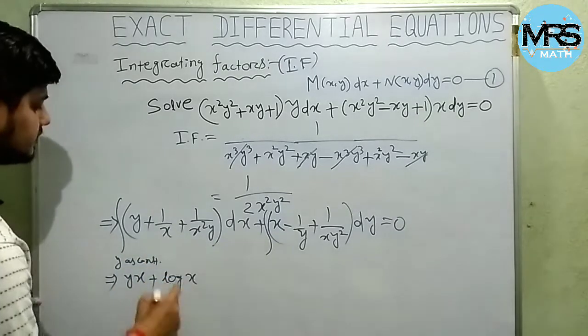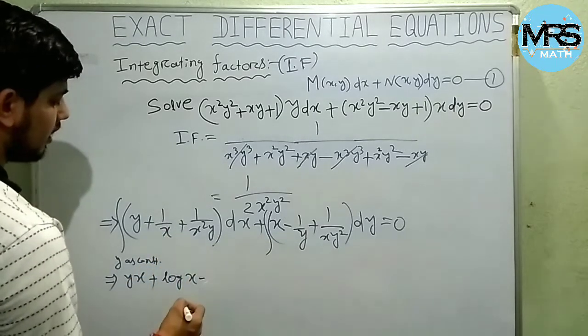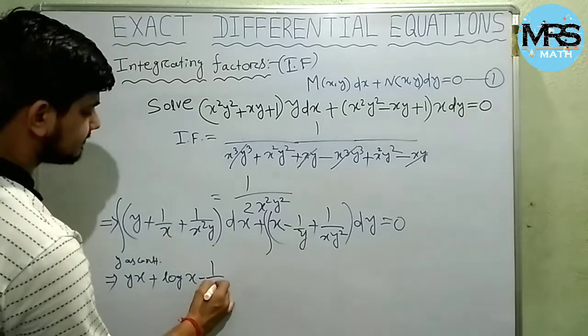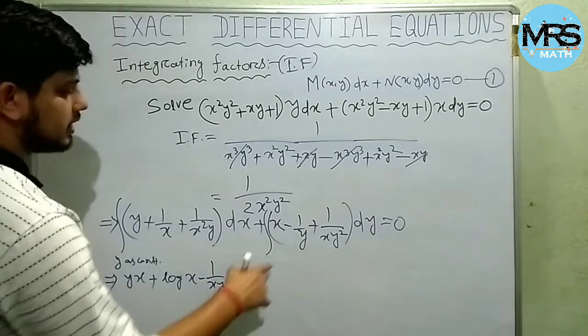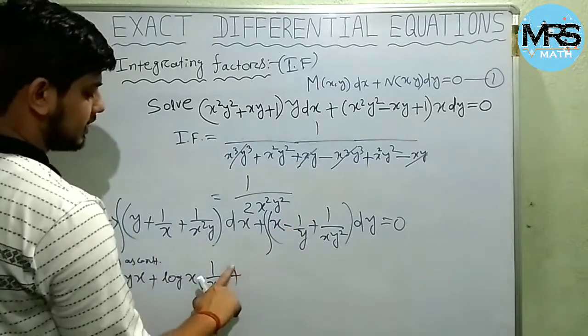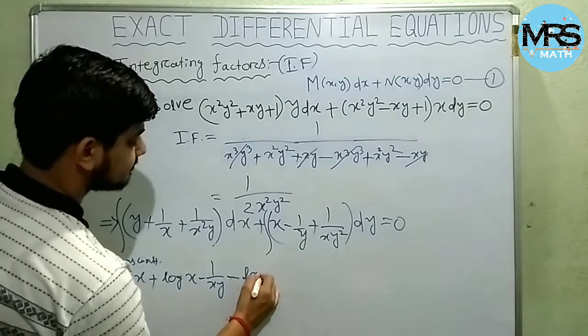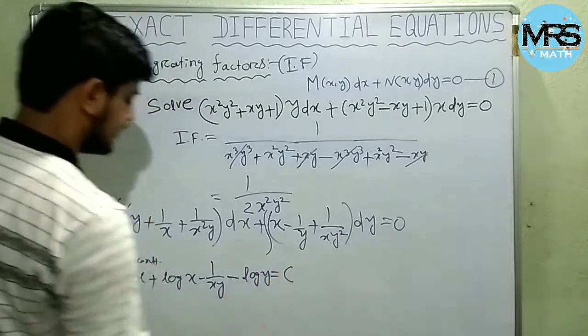So here y is constant, that means 1 by xy, plus here this one will not be considered, only this term, that is minus of log y, is equal to c.